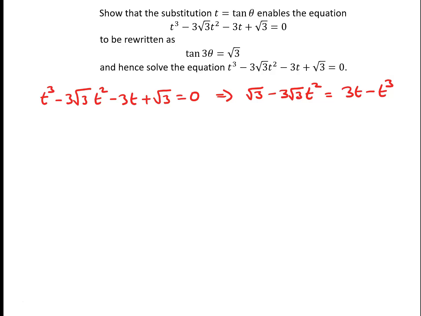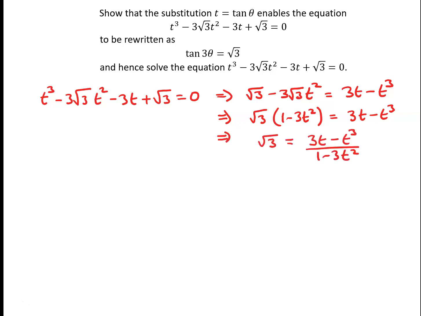And then taking out the factor of root 3, we've got root 3 times (1 minus 3t squared) equals 3t minus t cubed. In other words, root 3 is equal to (3t minus t cubed) over (1 minus 3t squared).